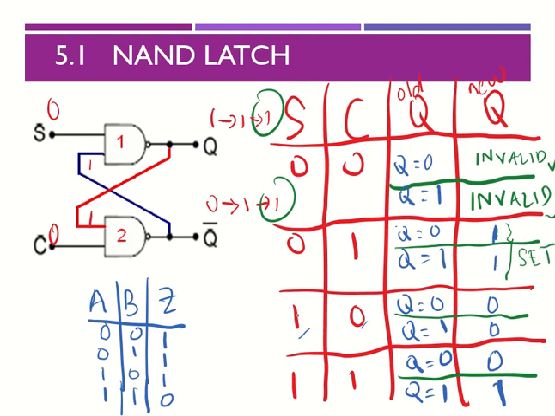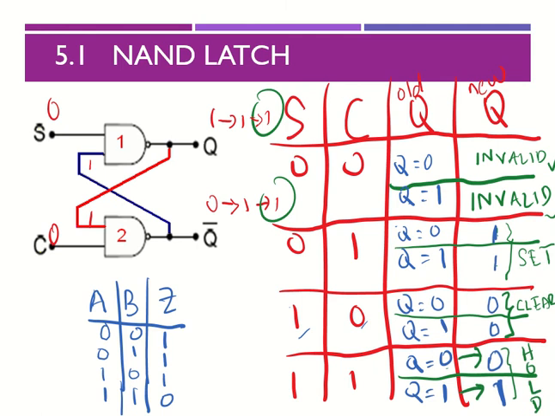And when there is 1 0, it is always 0, so we call it clear. When q is 0, the output of new q is also 0. When q is 1, its output is 1. So you can see it remains the same value, and because it remains, we can call it hold.